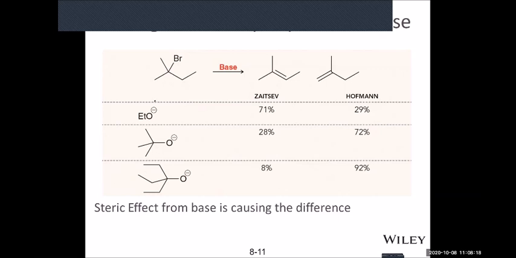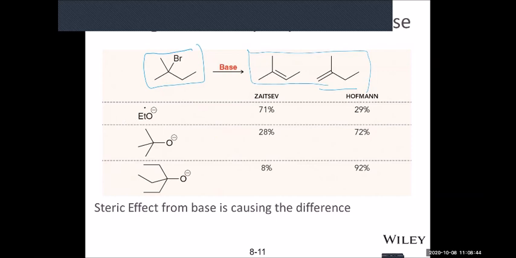This is the same tertiary bromide, alkyl bromide. With the base, we will get two products, possibly two products, both elimination reactions. And the first one with more substituent is we call Zaitsev reaction. The second is Hofmann.